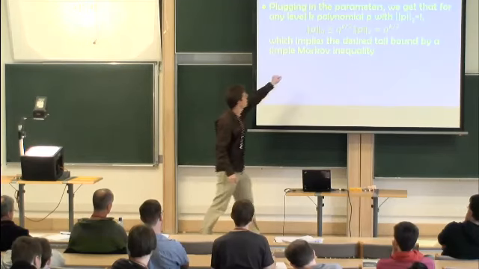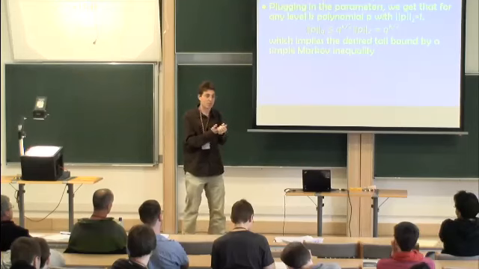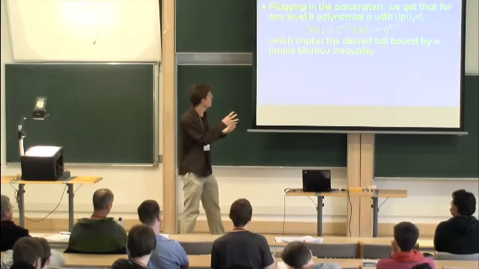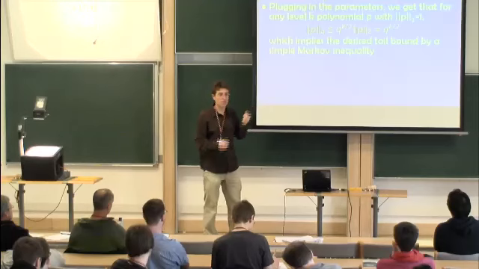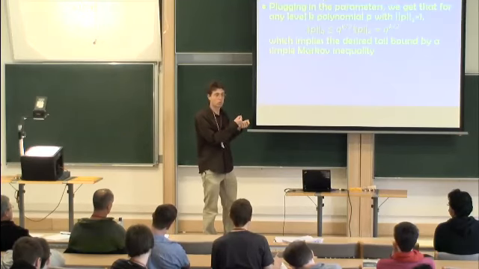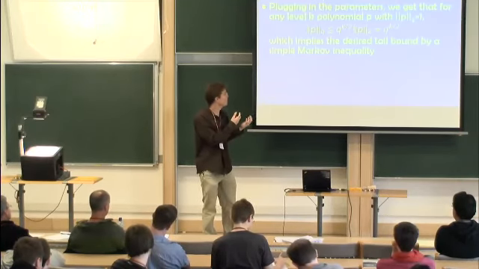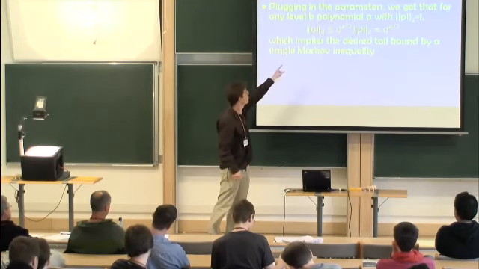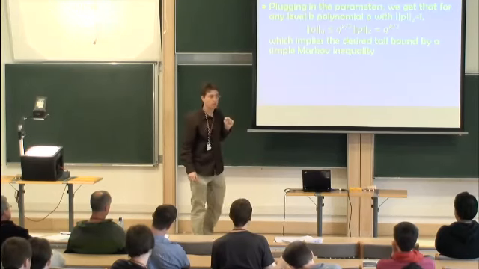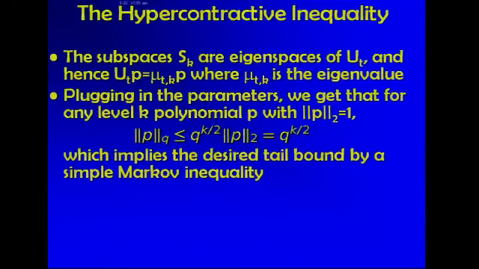So applying the heat flow to it just multiplies it by a scalar, and by rearranging, I get an upper bound on the q norm of the function in terms of its 2 norm. And as we saw today in Rafa's talk, this immediately gives you tail bounds. Once you have bounds on the norms, you can easily get tail bounds, in this case by a simple Markov inequality. Okay, so this concludes the proof.